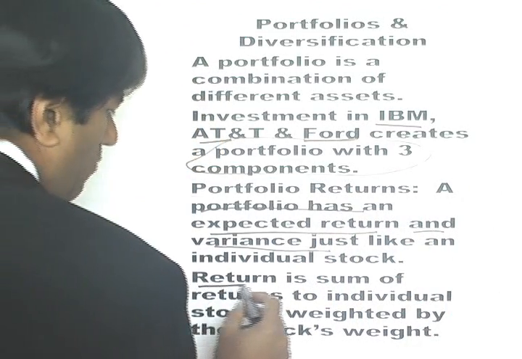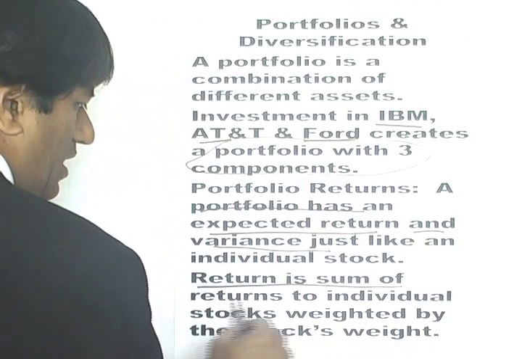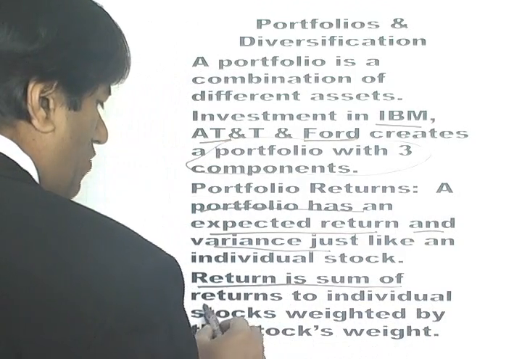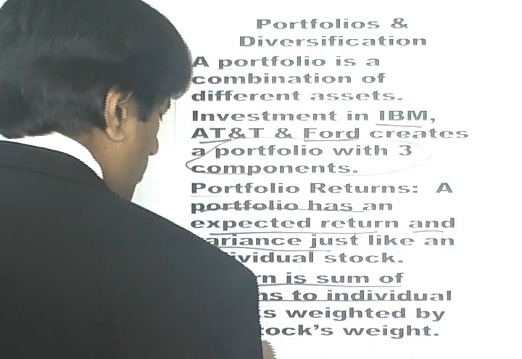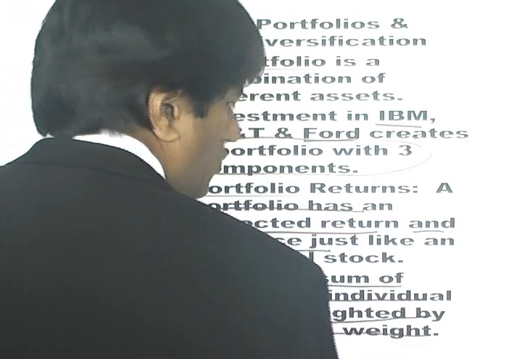The return to the portfolio, the actual return to a portfolio, or the expected return, is the sum of returns to individual stocks weighted by the portfolio stocks weight. And weight here means what fraction of the portfolio has been invested in a particular stock.